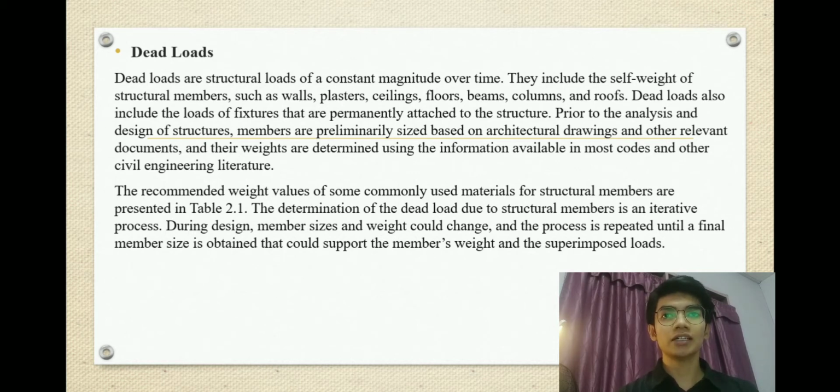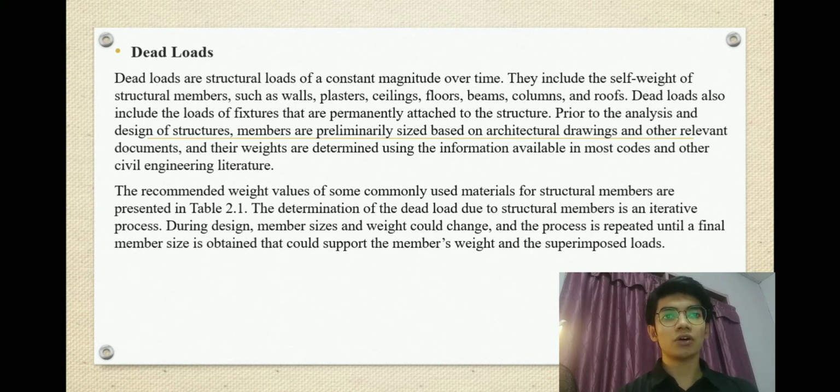Prior to the analysis and design of the structure, members are preliminarily sized based on architectural drawings and other relevant documents, and their weights are determined using the information available in codes and other civil engineering literature. The recommended weight values of some commonly used materials for structural members are presented in Table 2.1.